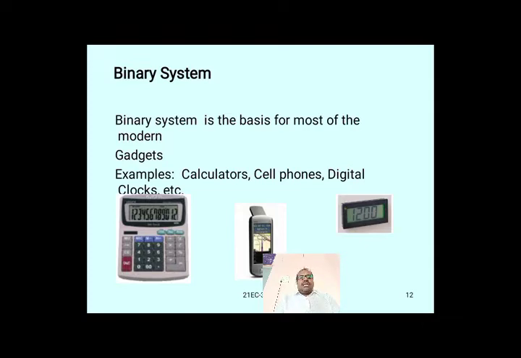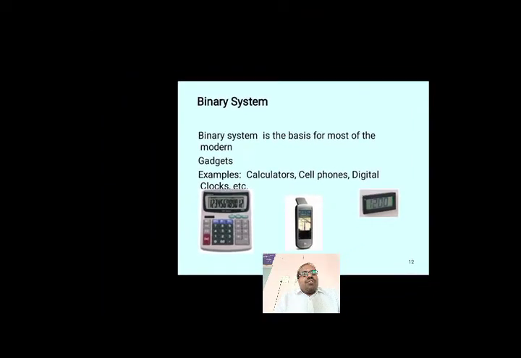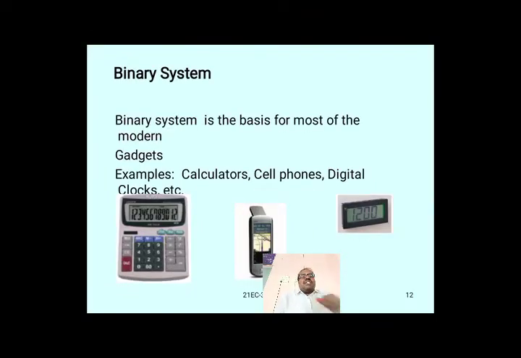In a calculator, by pressing a digit we get the same number representing that. 1 2 3 4 5 6 7 8 9 0 is represented there. Next to the diagram I have shown the mobile phone.